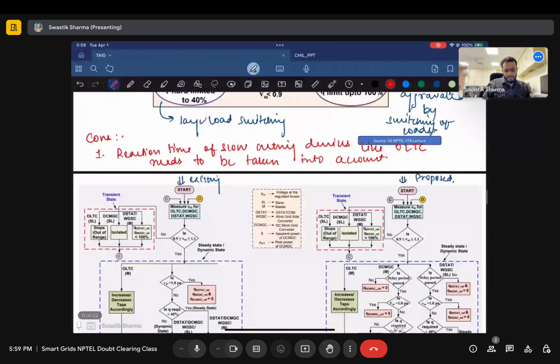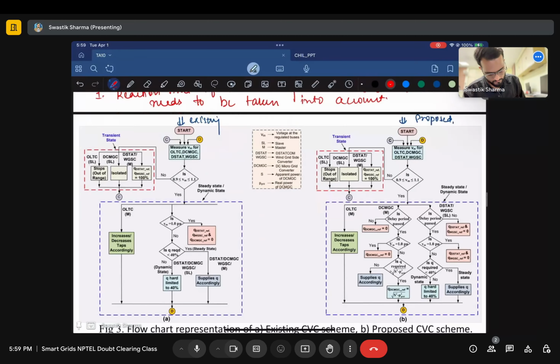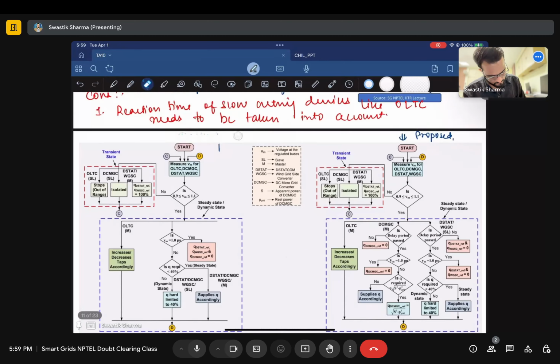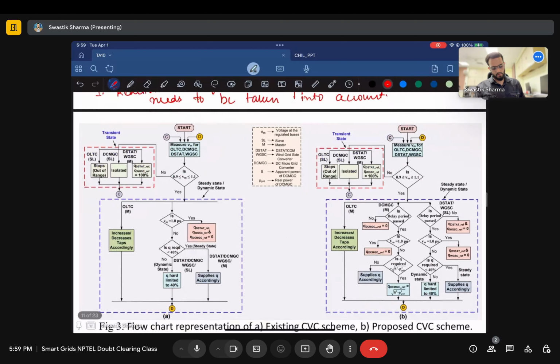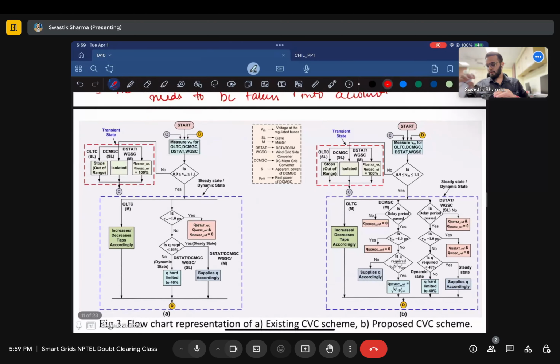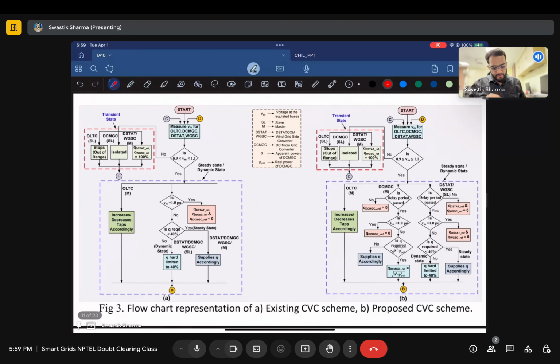So let's talk about the existing scheme. What we do is we check the magnitude of the voltage level at all the buses at which the compensating devices are connected.